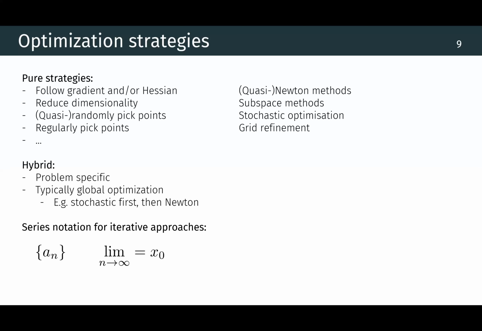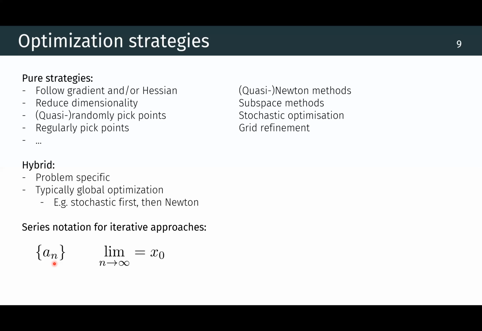Now, since almost all of these things are iterative approaches, I would like to use a certain notation to specify how the individual steps follow each other. We're going to use this notation on the left. In every step you're going to get a new estimate of x0. So we have this a_n as the nth entry of the optimization step.